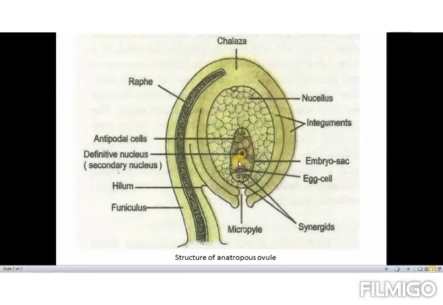It consists of 7 cells and 8 nuclei. You can see 3 up and 3 downward, and 2 in the center which are fused. So there are 8 nuclei, which I will explain in the next lecture, and a 7 cell structure, and this is the embryo sac or the female gametophyte.